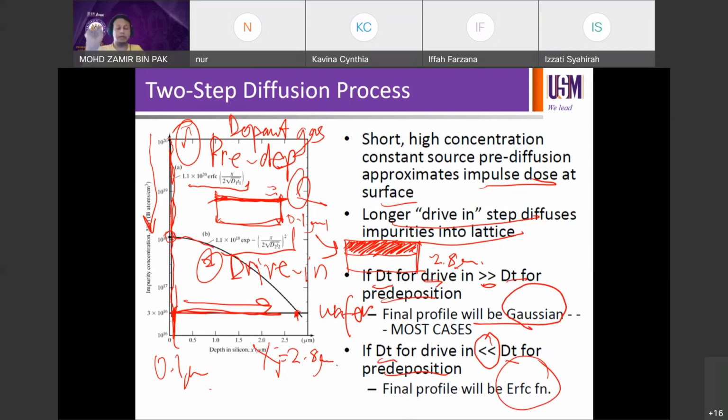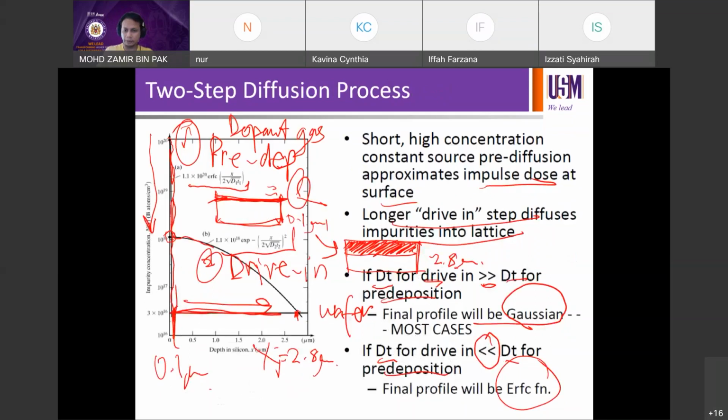It really depends on the Dt, and usually your Dt for drive-in will be way bigger than the Dt for pre-dep. And that's why it will take the Gaussian profile for the drive-in. On the other hand, if the Dt for the drive-in is way lesser than the Dt for pre-dep, then the drive-in profile will take error function as well, but that's rarely the case.